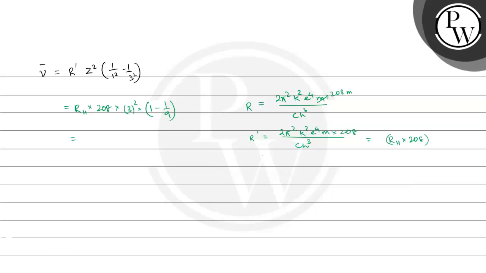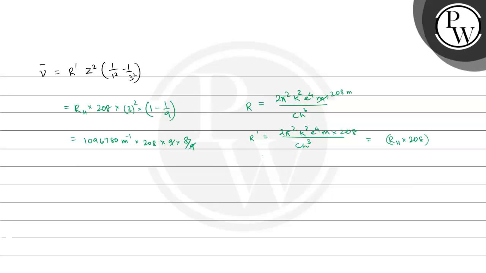So this is equal to, the value of R_H we know, 1096780 meter inverse multiplied by 208 multiplied by 9 multiplied by 1 minus 1 by 9 is 8 by 9.